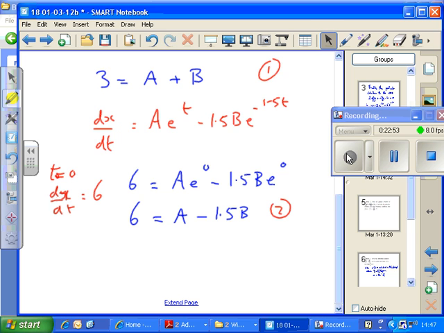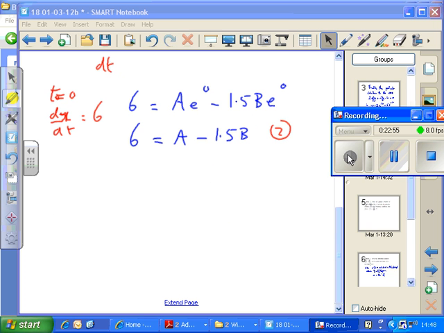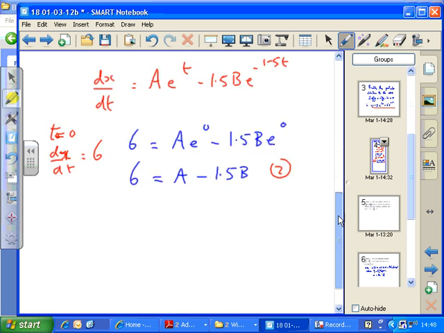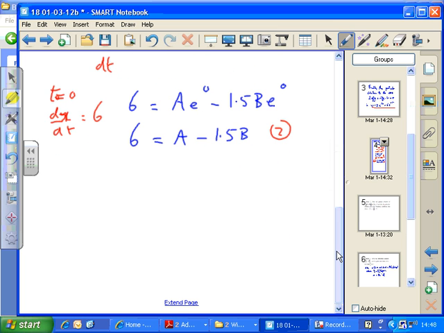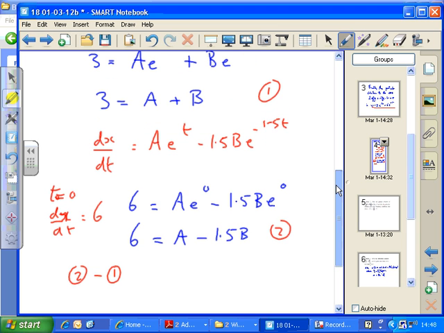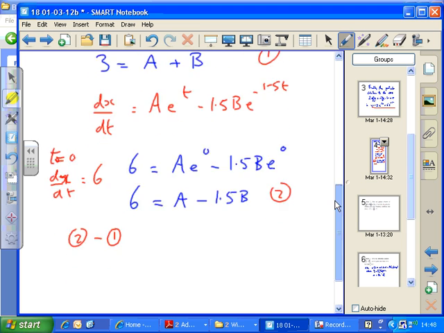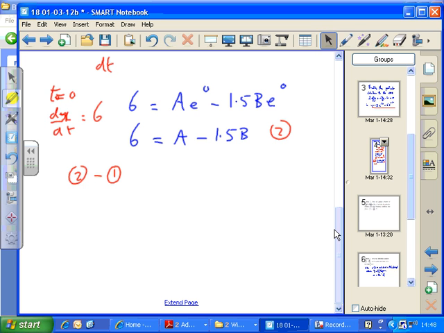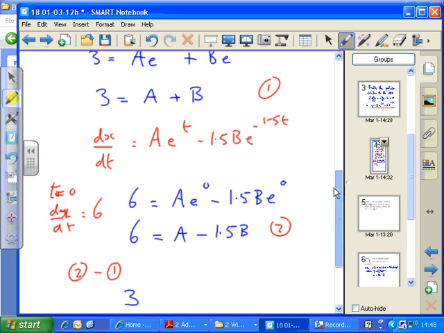Sorry about that. So I would recommend for this you do equation 2 take away equation 1. It doesn't really matter which way you do it, just trying to make life easy for yourself. 6 take away 3 is 3. a take away a is 0, so the a's have disappeared, which is what we want.